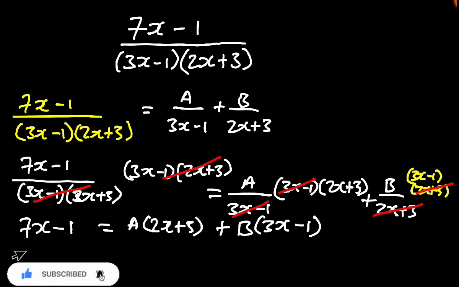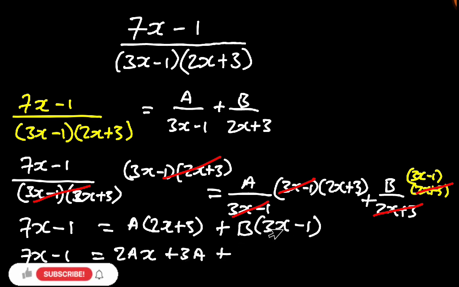Now we have 7x - 1 equals, let's multiply A by (2x + 3). A times 2x gives 2Ax, A times 3 gives 3A. Now plus, let's open the brackets for B. B times 3x gives 3Bx. B times negative 1 gives negative B.